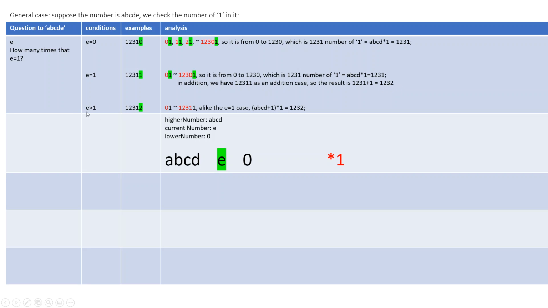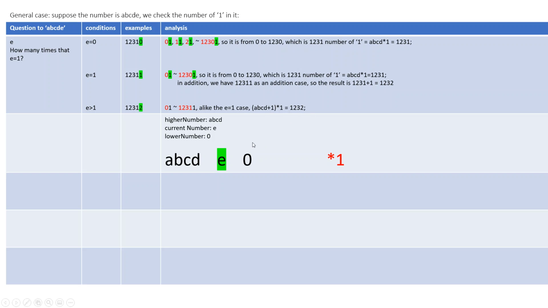When E is larger than 1, suppose it's 12312, it's quite similar to this case. The red numbers will range from 0 to 1231, unlike the equal to 1 case. So finally, we have 1232 as the result.